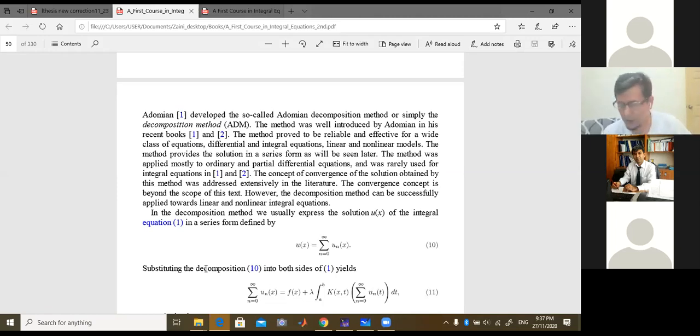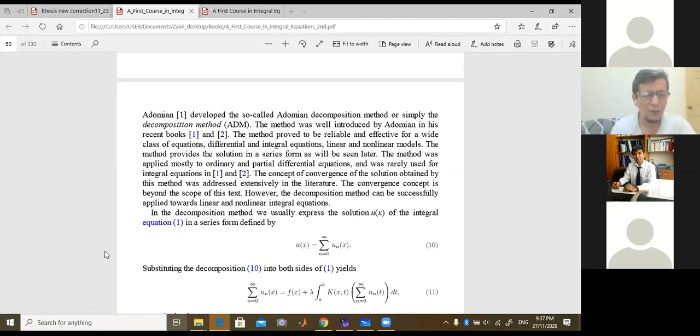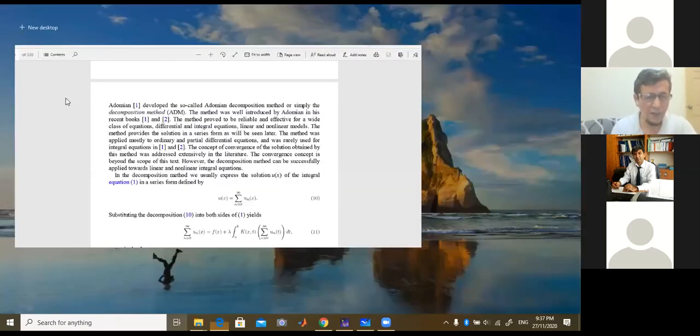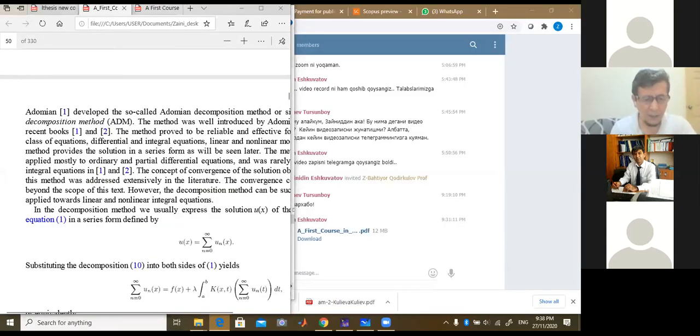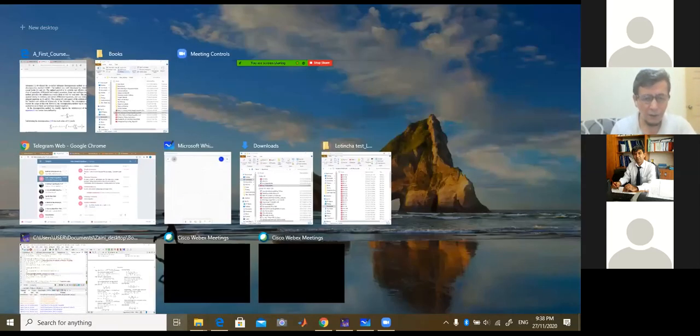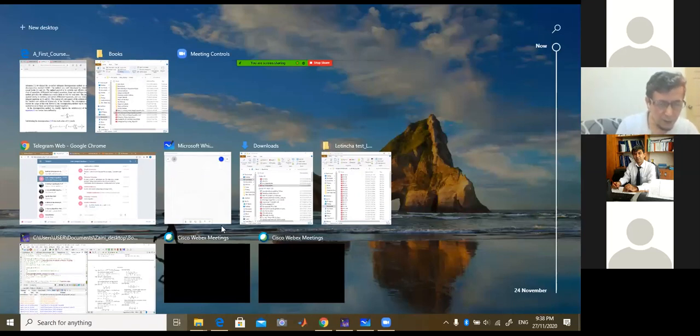Now let me write down our main equation, because here is just the application. I will write as usual. I put my lecture book on the left side, and on the right side my whiteboard. Okay, where is my whiteboard? Here.